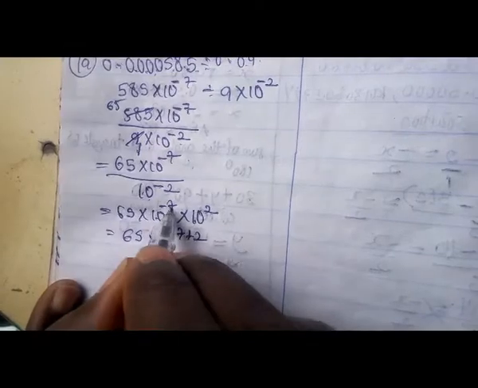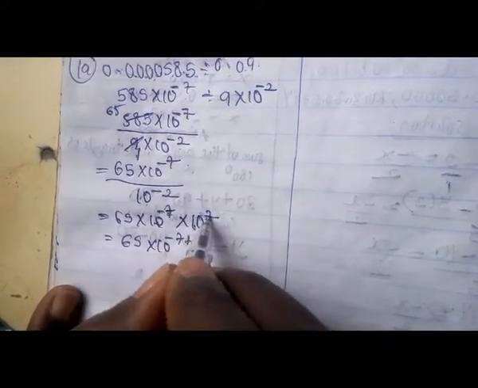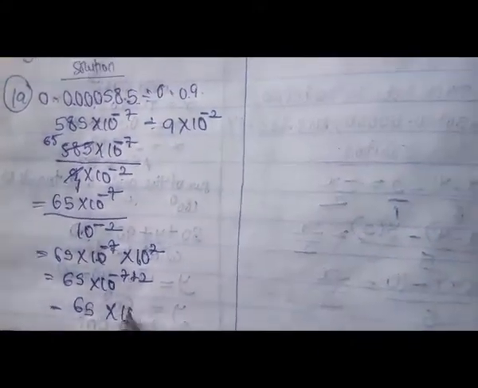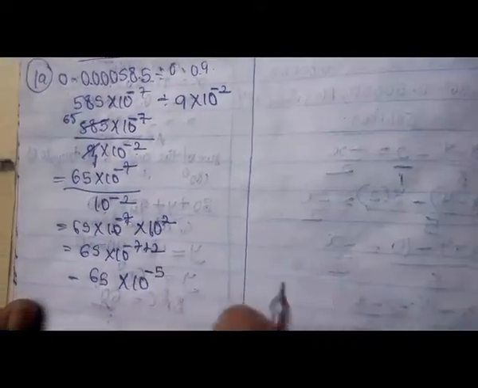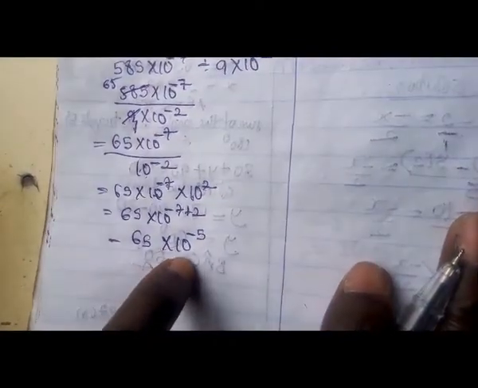Indices: you add the powers, since the base 10 is the same, minus 7 plus 2. So it becomes 65 times 10 raised to power minus 5. So that's the answer. We have now expressed it in standard form.